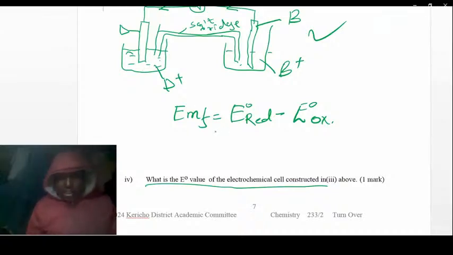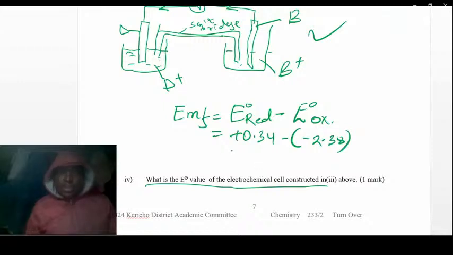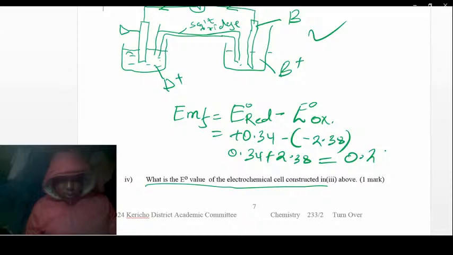So you write E for reduction, which is positive 0.34, minus negative 2.38. So this is the same as 0.34 plus 2.38, and that will give us 2.72 volts, and that is the EMF for this cell.